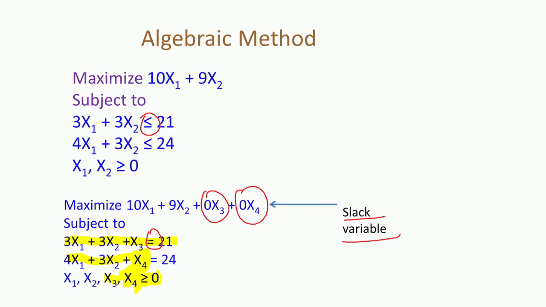Now when we formulated the problem, we said the revenue associated with x1 is 10, the revenue associated with x2 is 9. So the revenue or profit or money that is associated with x3 and x4 are 0, and it is assumed that they do not contribute to the objective function.